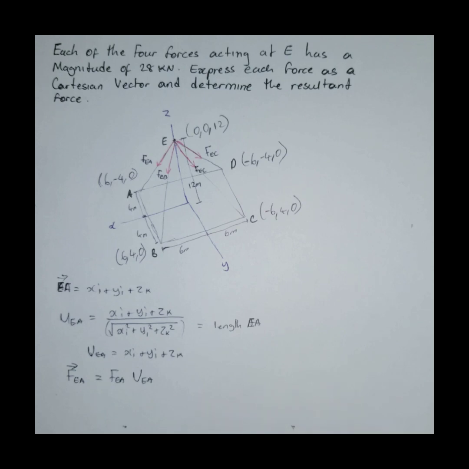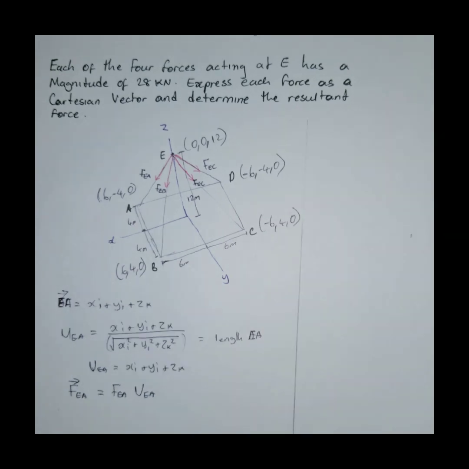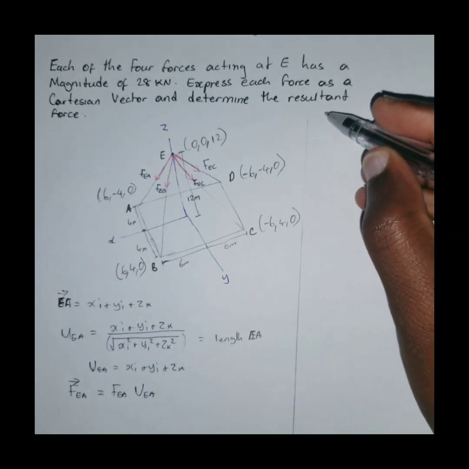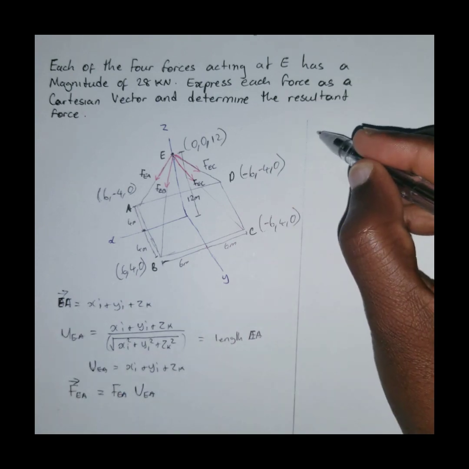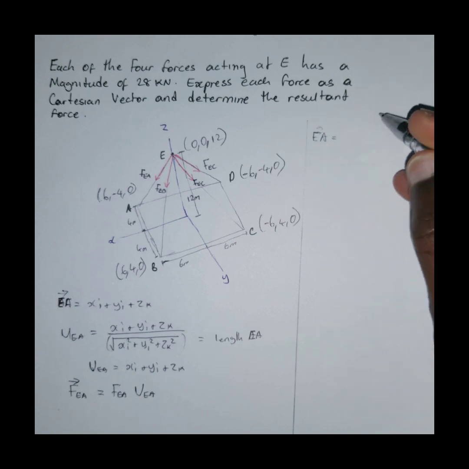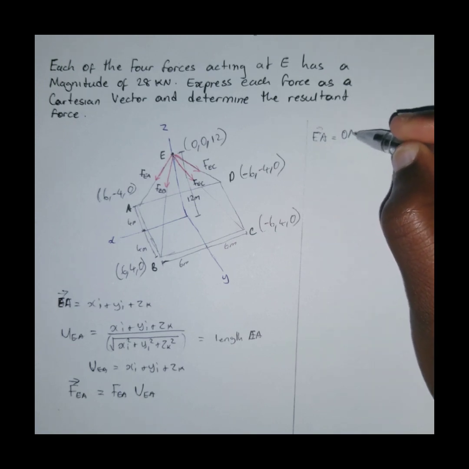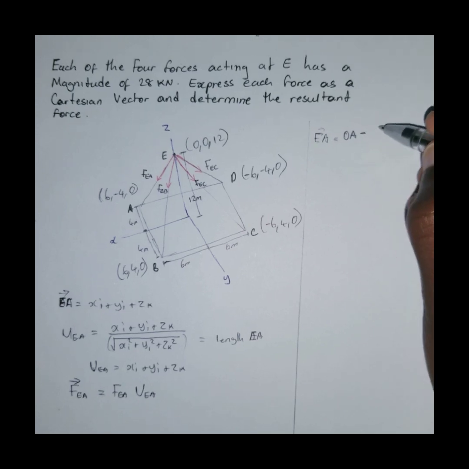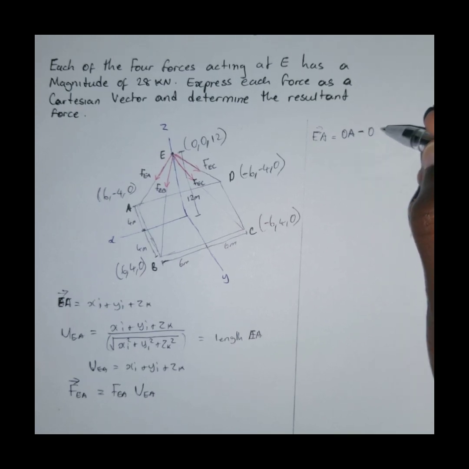Let's express EA in Cartesian vector form. Allow me to divide this page. Okay, so EA will be equal to OA minus OE.